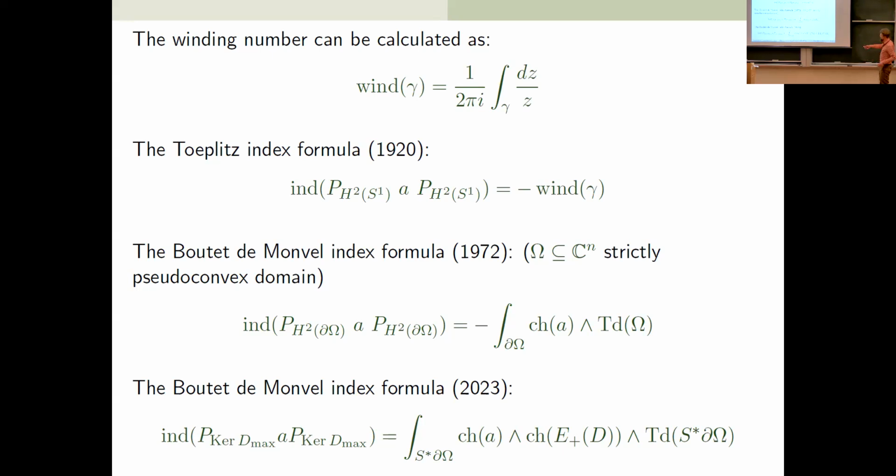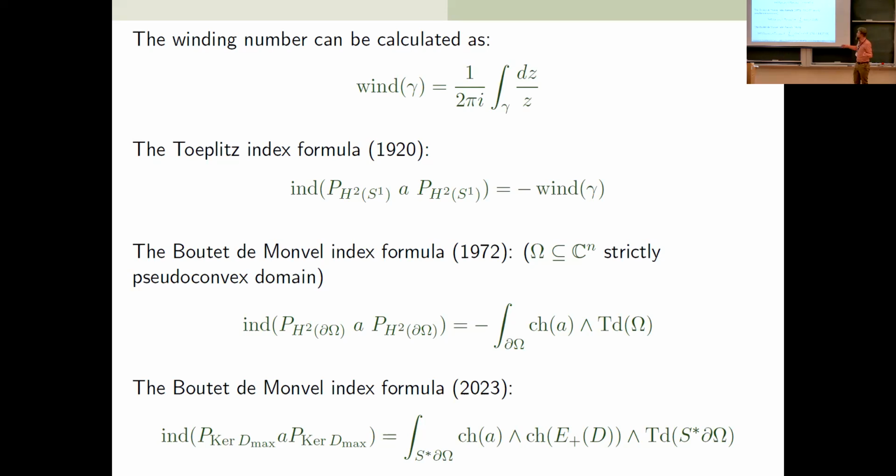To show the last bit uses Atiyah-Singer and stuff like that. This is a formula that I've come up with, but maybe something similar is known before. I don't know, but the interesting part is that this comes from my work on spectral triples or generalizations of them.